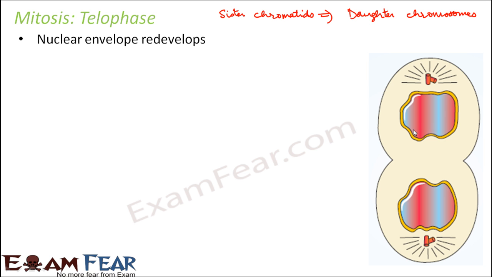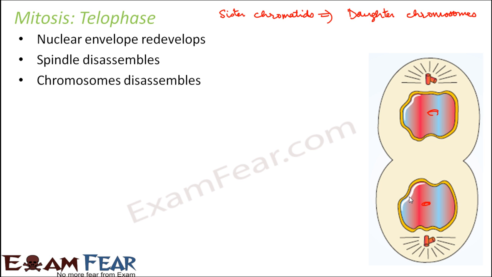So wherever you have your daughter chromosomes, here and here, a nuclear envelope will develop around that. The spindle will disassemble, so the spindle will vanish. Now the same microtubules will be used to make up the cytoskeleton. Chromosomes will disassemble, so the chromosomes will also be gone. So what will come into the picture? Again those chromatin threads will come into the picture.